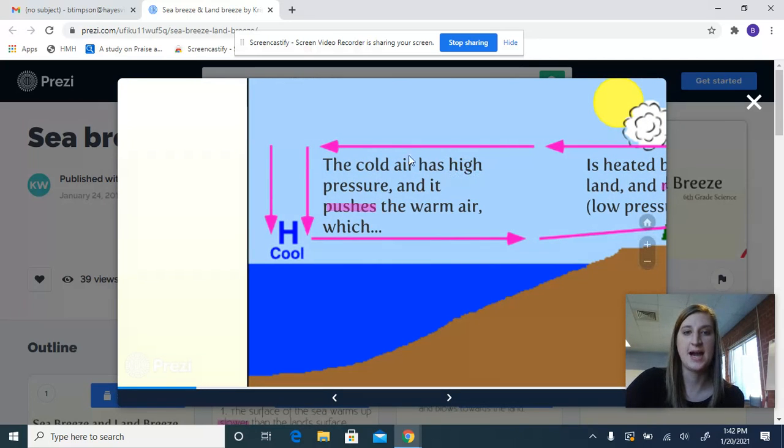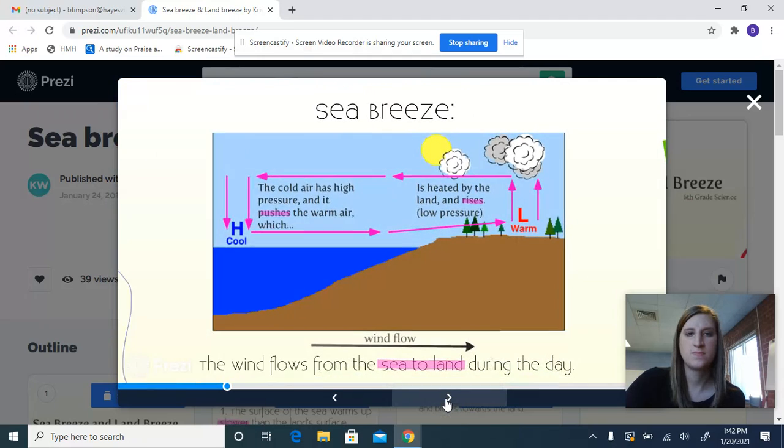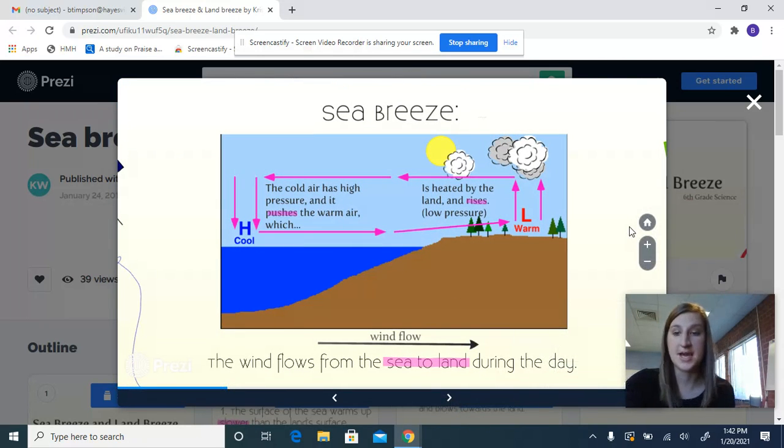The wind flows from sea to land during the day.